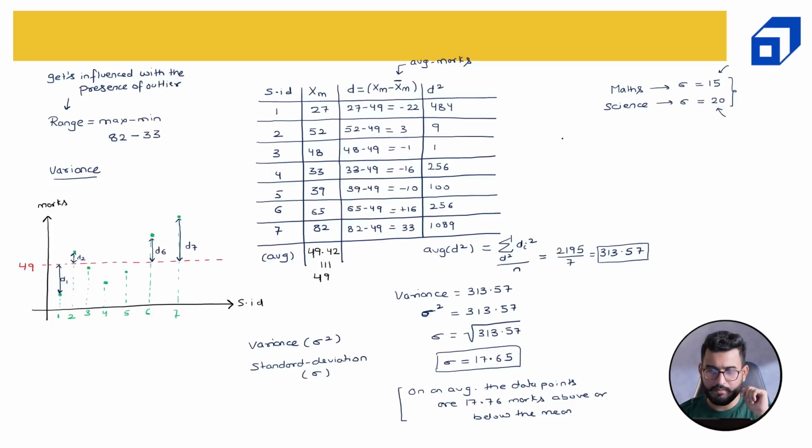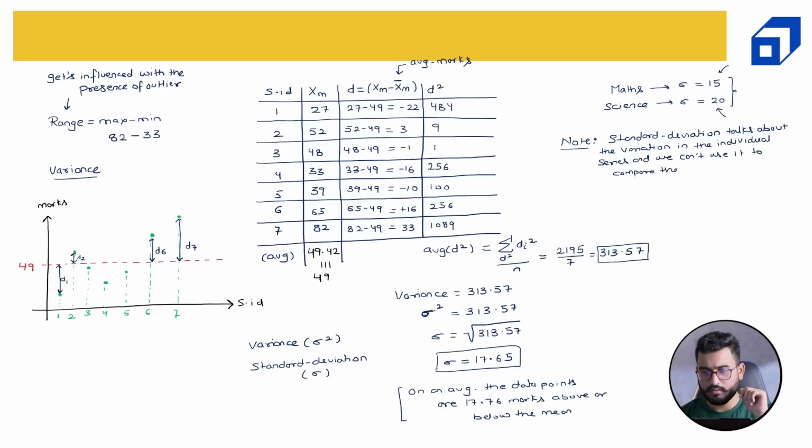Now, please remember, this is a very important note: standard deviation talks about the variation in the individual series, and we cannot use it to compare the variation among the series.